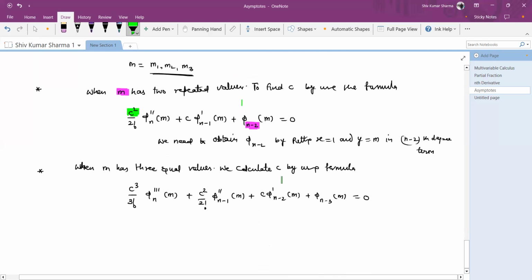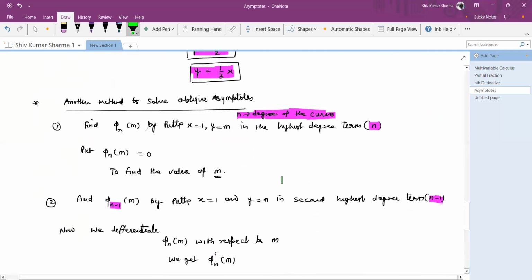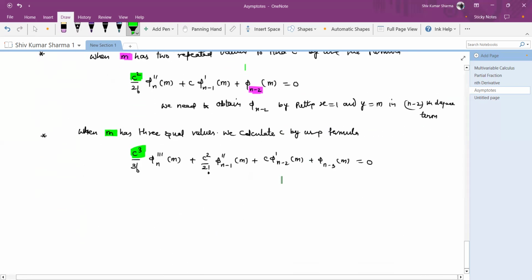When three values of m are equal, we need three values of c, so we start with c cube: the third derivative, second derivative, first derivative, then the function phi. So we need to remember these formulas. This is another method to solve for the oblique asymptotes. So we take one problem related to these methods.